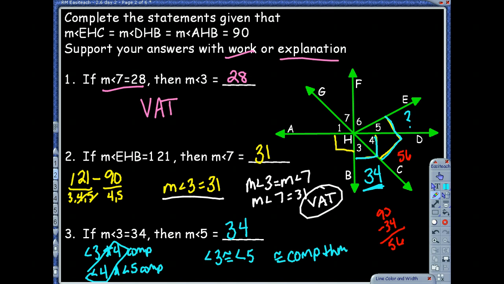And then I could find angle 5 by doing 90 minus 56 because 4 and 5 make up 90. Exactly. And then that gets you back to the 34. So you could get there other ways, but that congruent complements theorem, if you see it, is another thing you can use on this one. So you can support it with either work, kind of what she did in red, or if you see a shortcut using a theorem, you can do that as well.